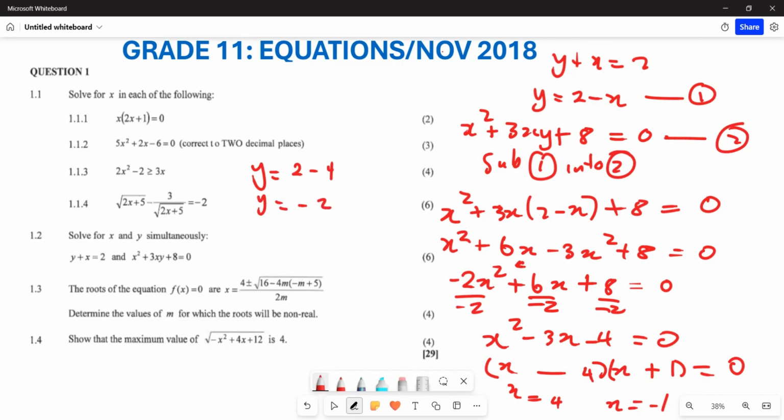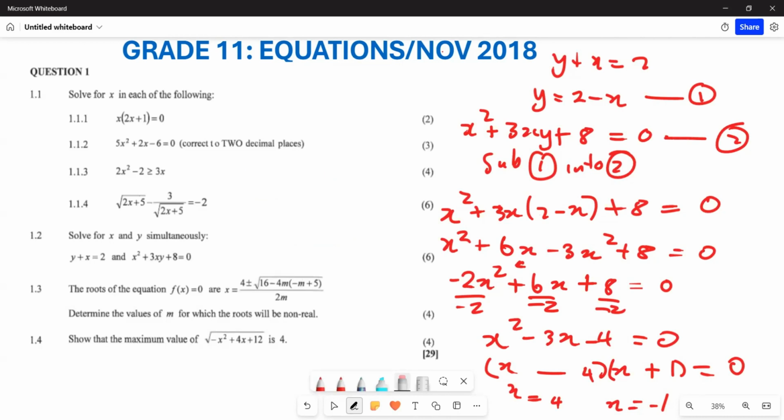Or the other coordinates of y, y is equals to 2 subtract, now you got this to be negative 1. And negative is positive, which means your y is going to be 3. Altogether. So basically now that is going to be the next solution for this one. Now this is basically how you answer these types of simultaneous equations.